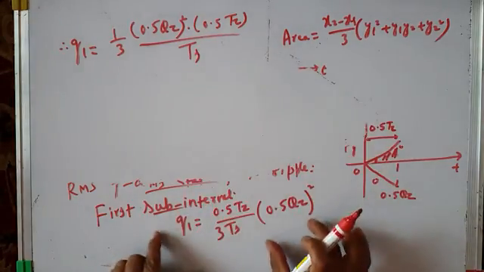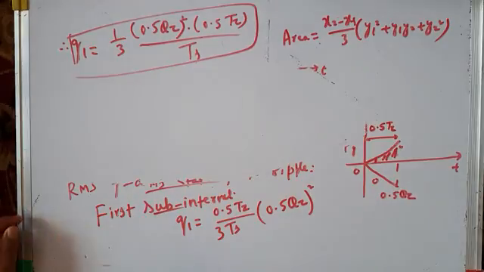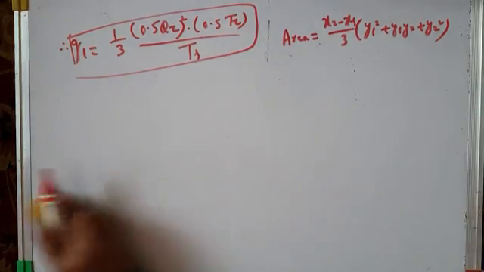This is the same equation, I am writing it like this. So this is my Q1, the area under the first parabola. Fine, this is in the first subinterval.